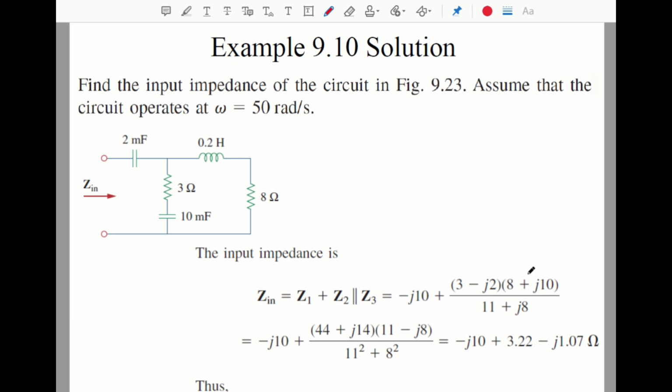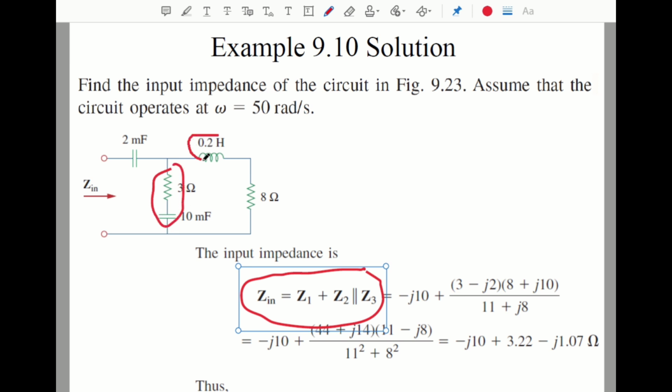Once you get the totals, you can use this equation to get the Z in or Z total. So basically Z2, which is here, is parallel to this part, and after you do the equation, adding these two in parallel, we just add the Z1 over here.